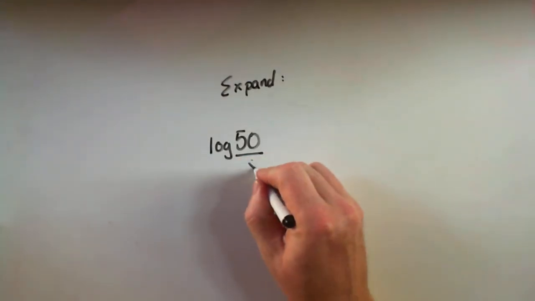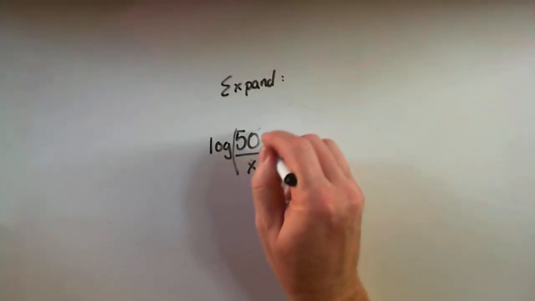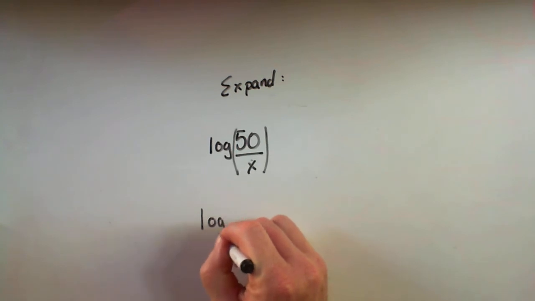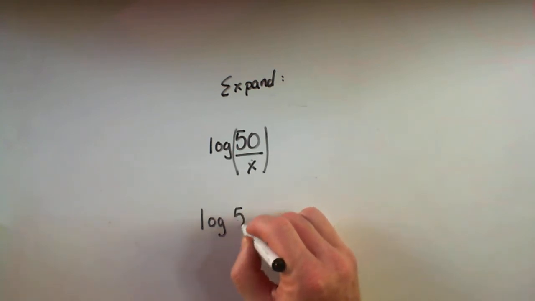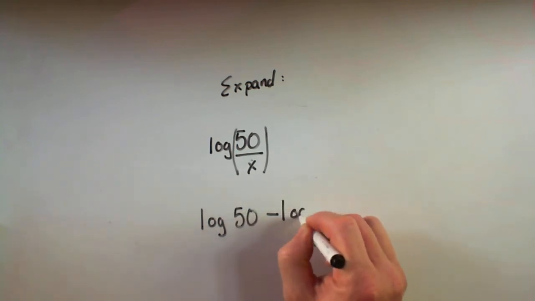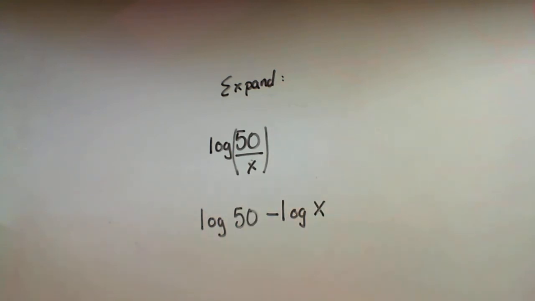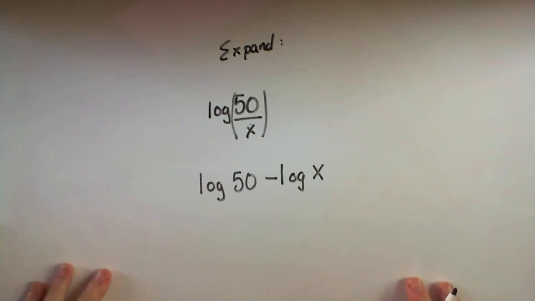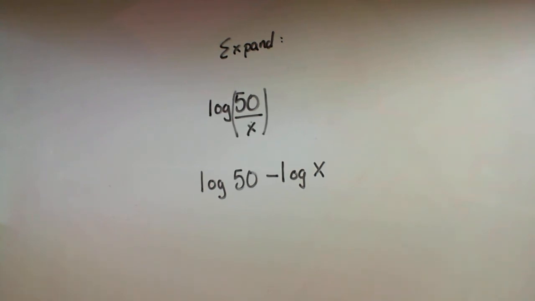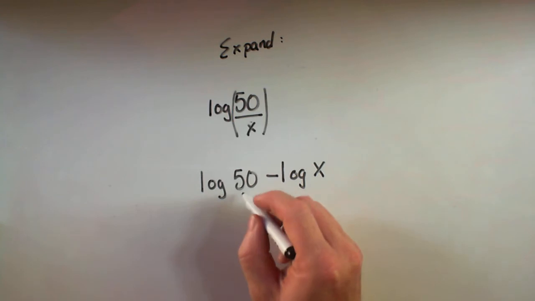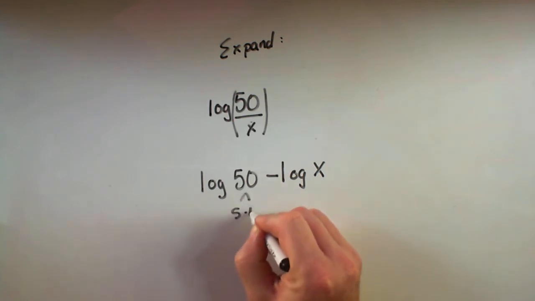So I can take this, and using my rules of logarithms, I can make this into log 50 minus log x, using the fact that that is in the denominator. And that will get you good partial credit. But if you want to get full credit on a problem like this, we must also see that this 50 can be broken down to 5 times 10.